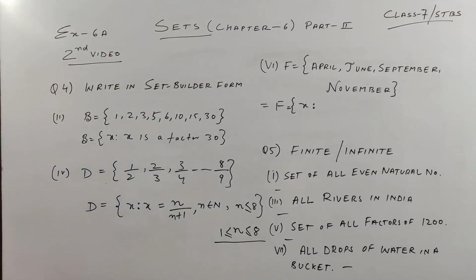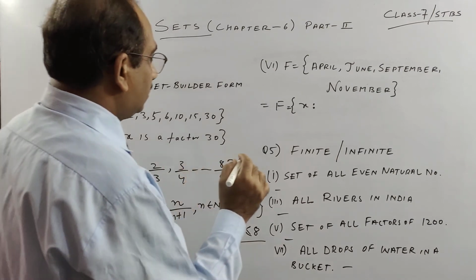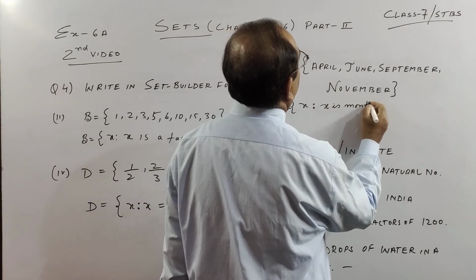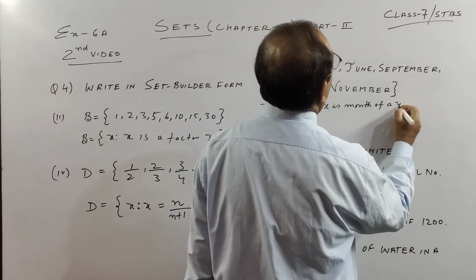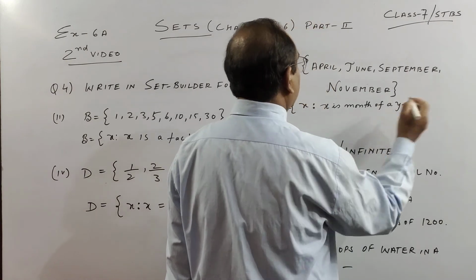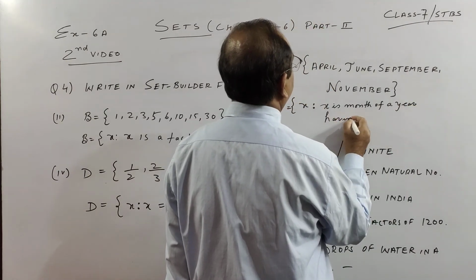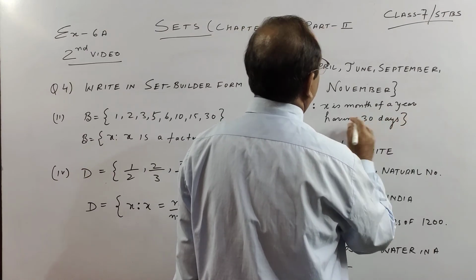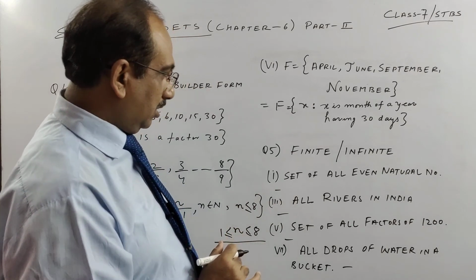So here you see these are all months having 30 days. So we write x such that x is a month of a year having 30 days.